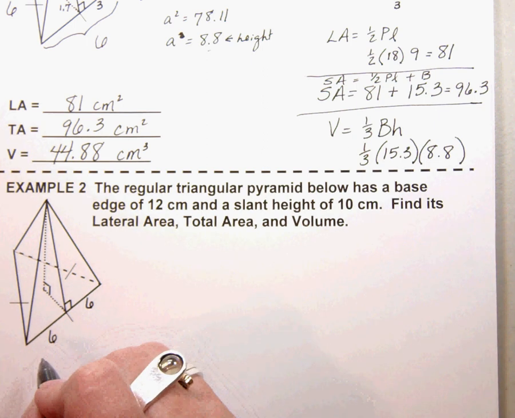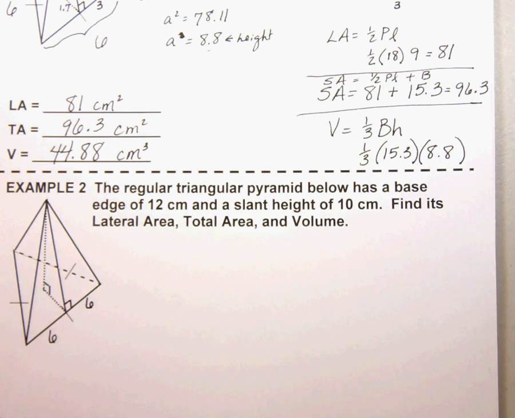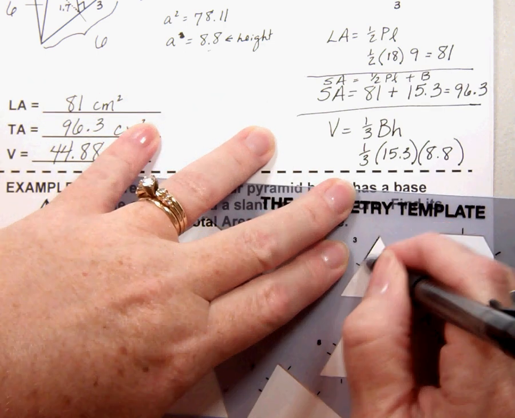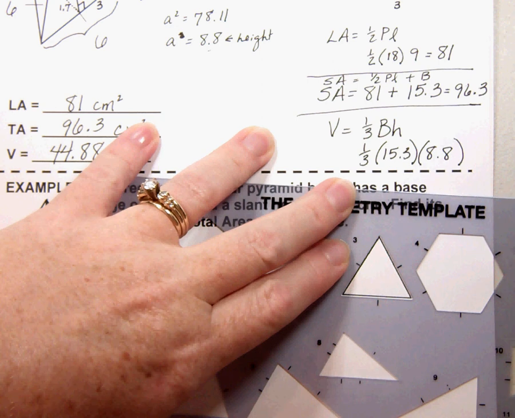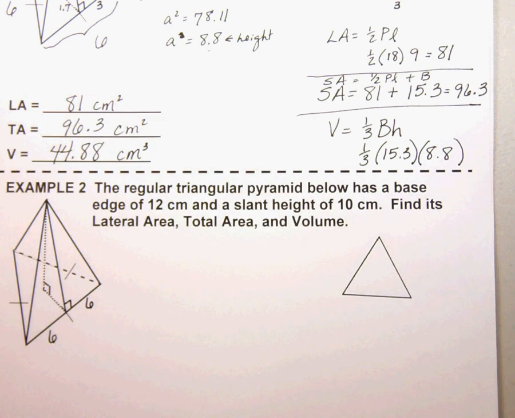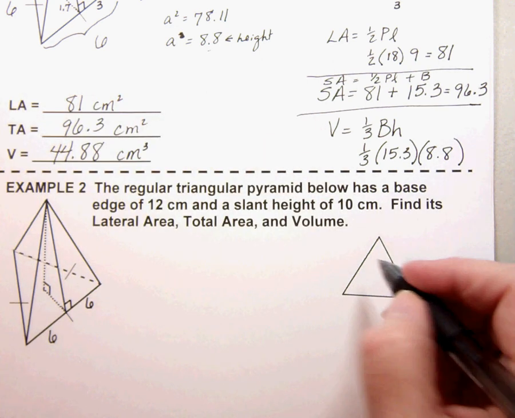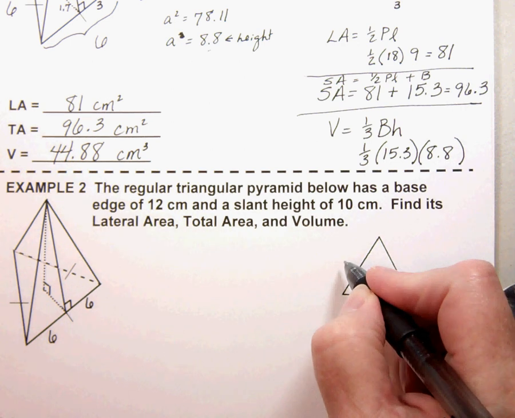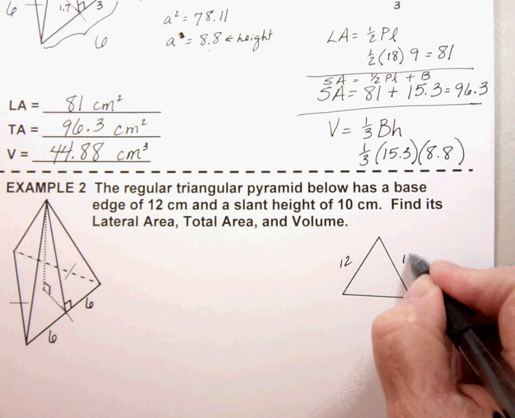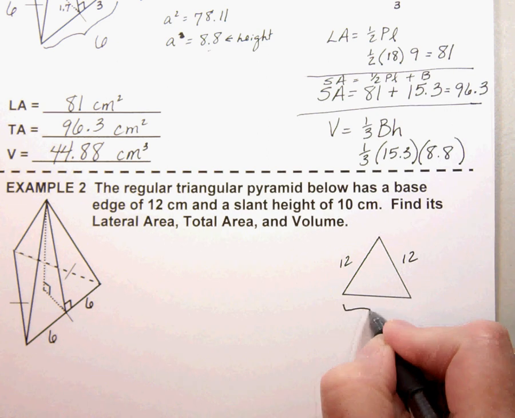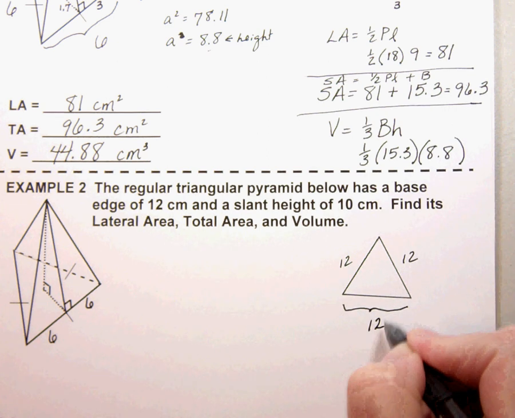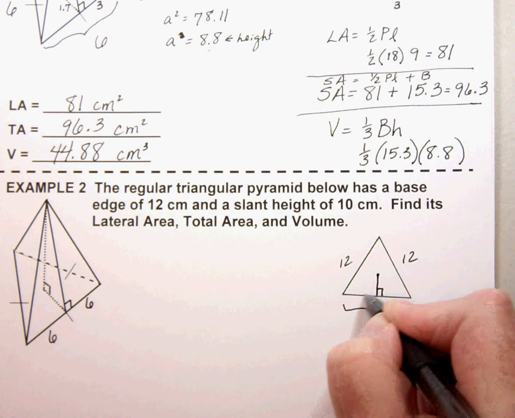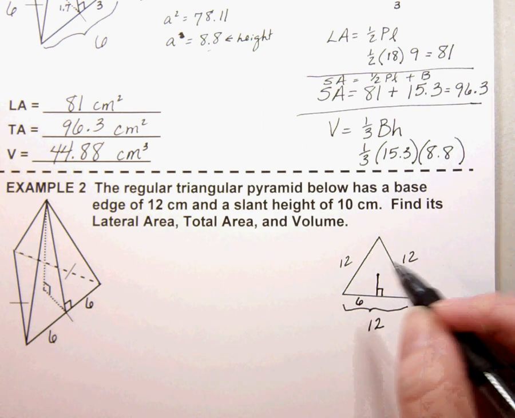I think it does help to draw the base separately, so I'm going to do that again. If you draw your base separately, we're going to look at this as the perimeter is going to have a 12, and then the entire side over here is 12 also. Now when you draw the apothem, it's a perpendicular bisector, so it turns this piece into a 6.